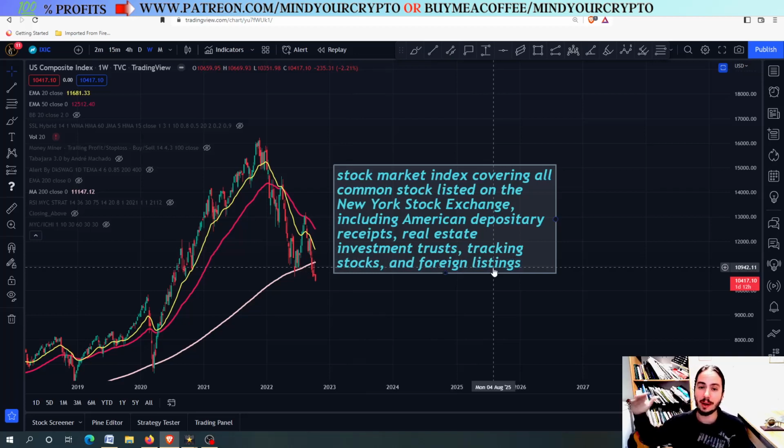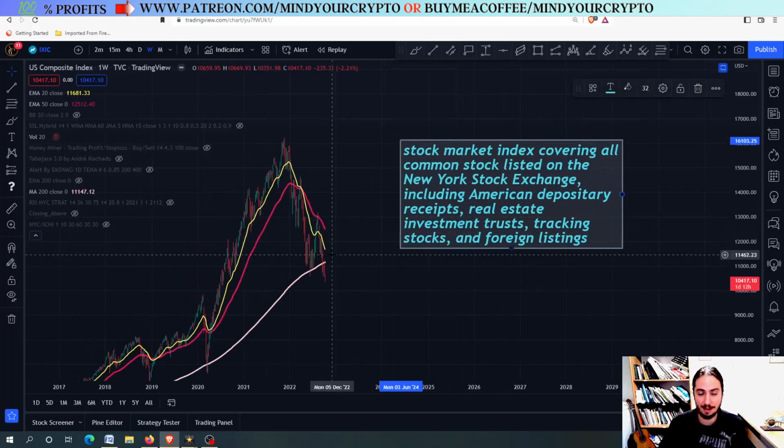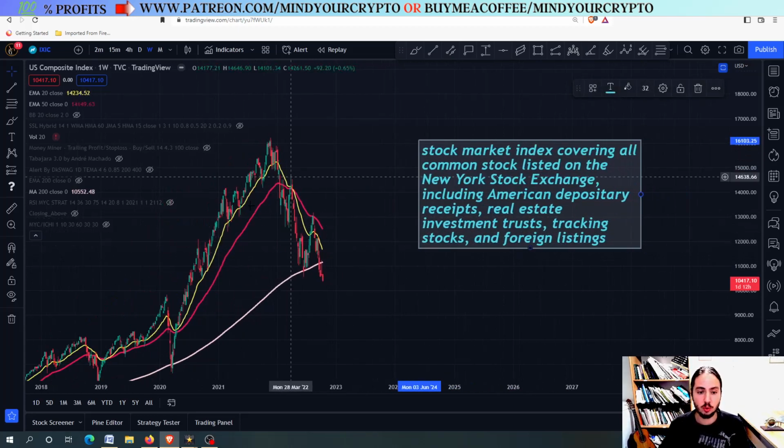This includes around 2,800 to 3,000 companies, and it is similar to the NASDAQ 100 index, although the NASDAQ 100 includes the 100 biggest.